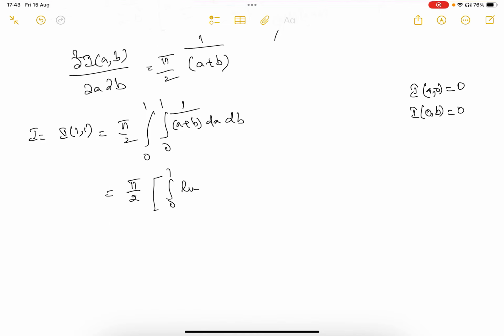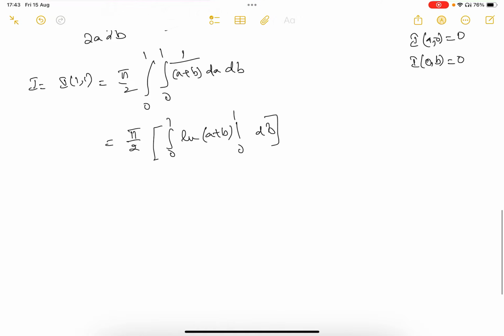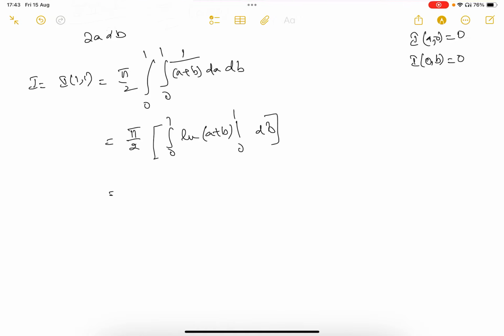This is then ln of a plus b, 0 to 1, into db, as we have done with respect to a. This is pi by 2 into integral 0 to 1. If a equal to 1, this will be ln of b plus 1.